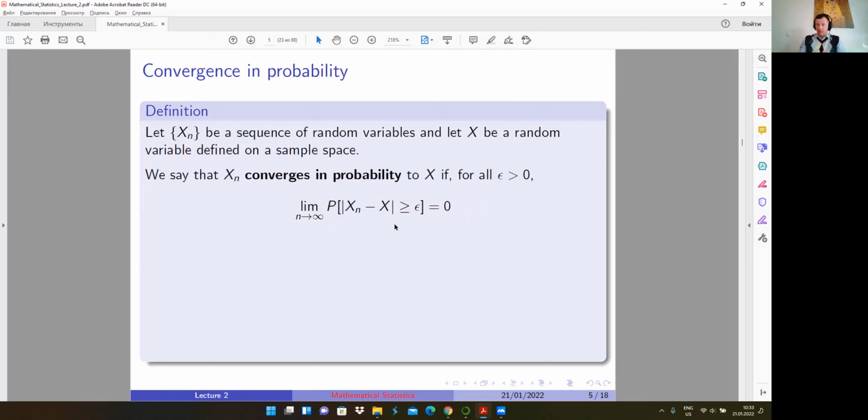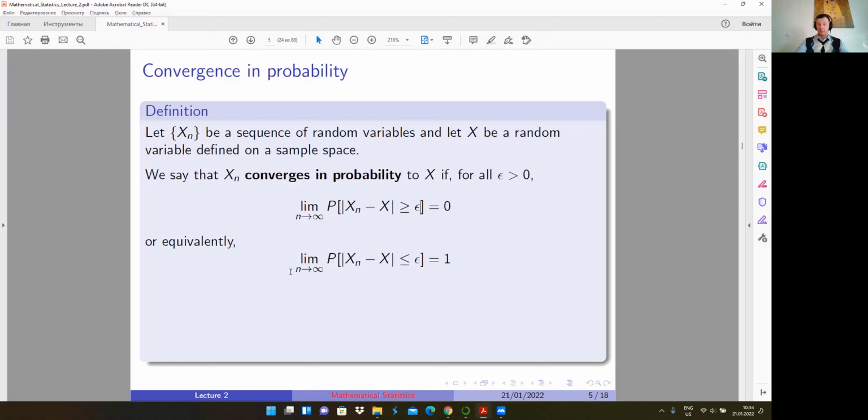So in words, it means the following. As I increase the sample size, this sequence goes to some variable x, and my random variable deviates from this variable x by a very, very small amount, and the probability that it will be greater than this very small amount goes to 0.